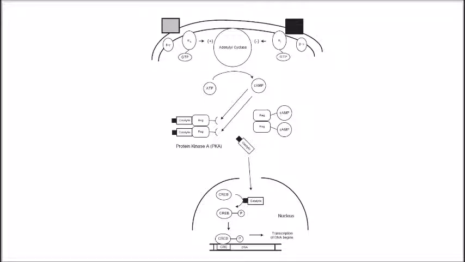This CREB will bind to the CREB responsive element, or CRE, and that will initiate the transcription of DNA. And of course, that will ultimately lead to the creation of various proteins that are needed for cell function, or to affect more long-term cellular neuronal activity.